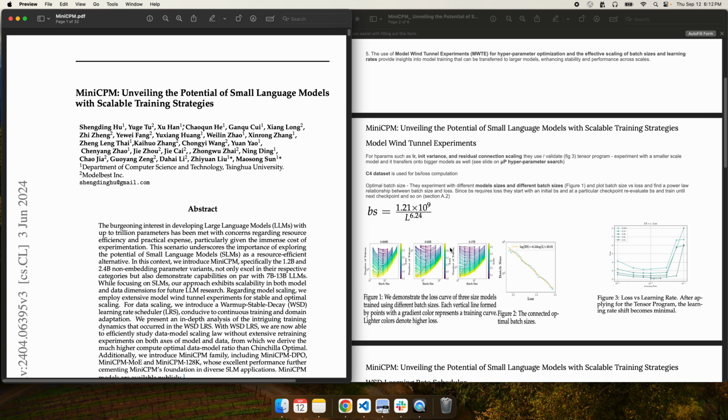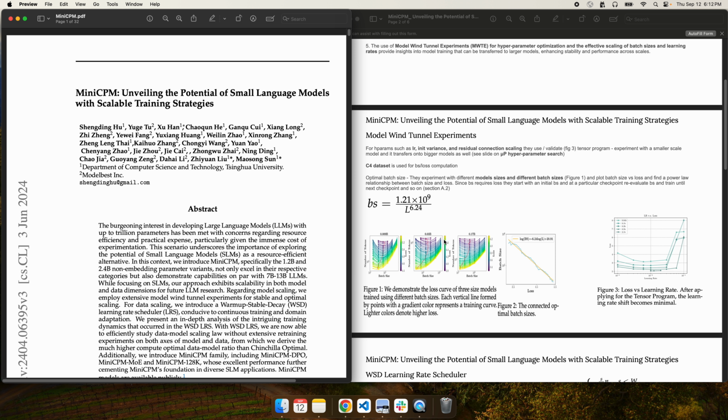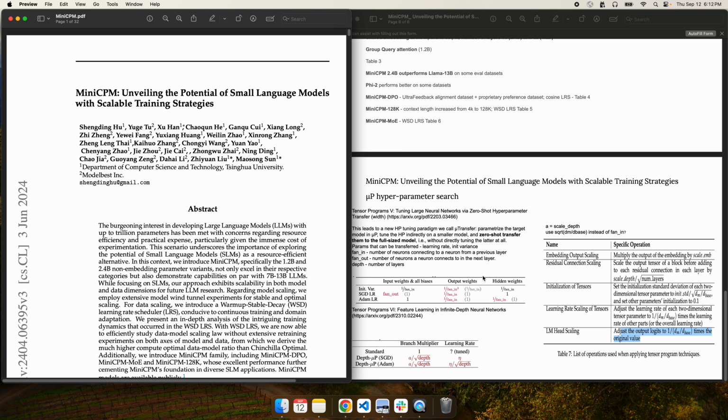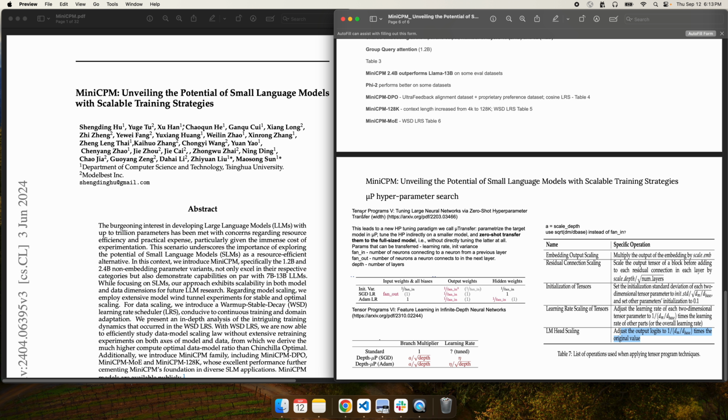To begin with, let's look at the wind tunnel experiments. Essentially, they do all their experiments in a very small scale model, and then they see how they can transfer the hyperparameters onto a larger scale model. They use the MUP hyperparameter search. For more details, folks can read the Tensor Programs paper.